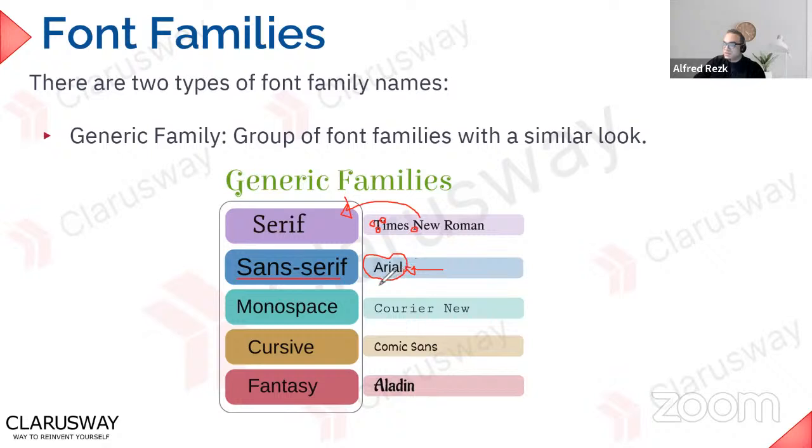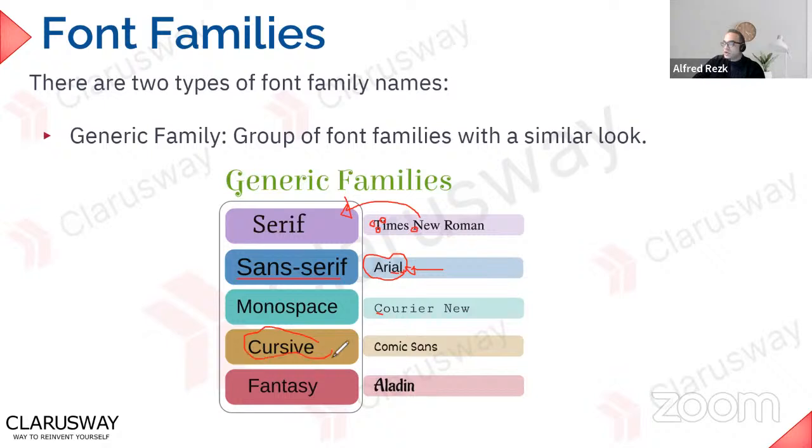You also have the monospace. In monospace, they space each letter with the same width. That's the reason they call it monospace. Here, notice the L taking less width than the A. The A has more width. But in the monospace case, they place each letter with the same width.